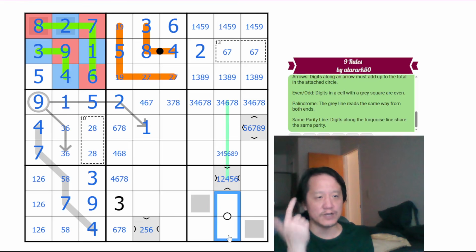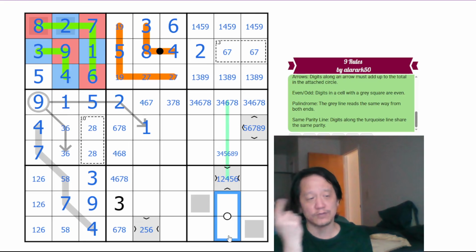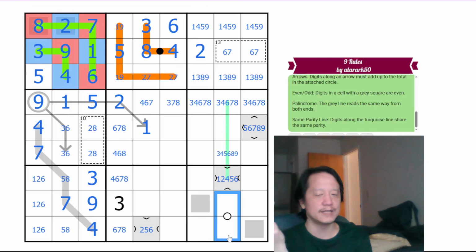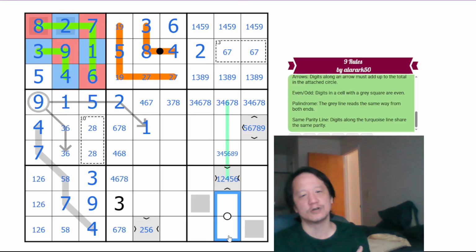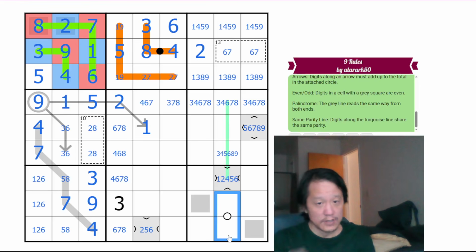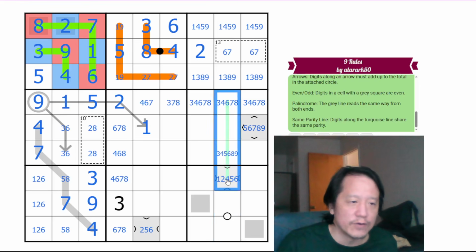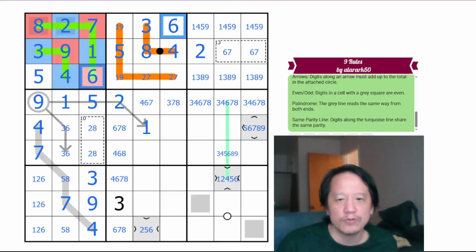And you can't have even, because those aren't consecutive either. 4 and 6 aren't consecutive. 4 and 8, 2 and 8, etc., are not consecutive. So if they were all even, you could not have an even here when we definitely have one. So therefore, these are all odd digits.